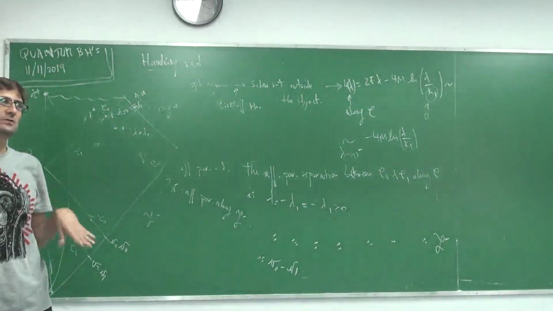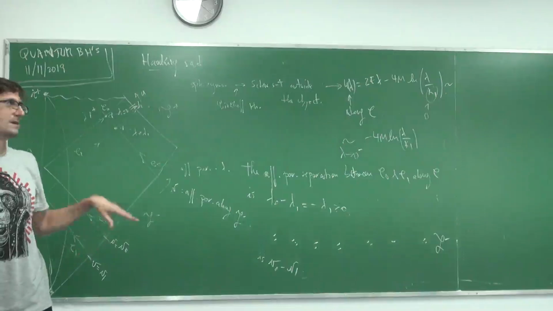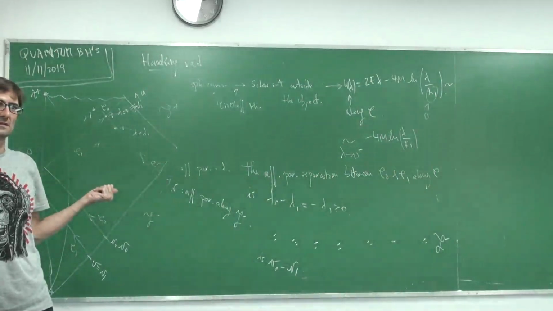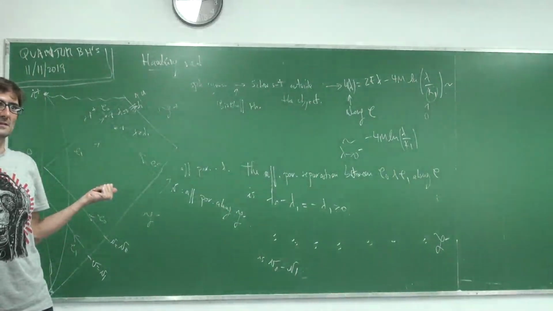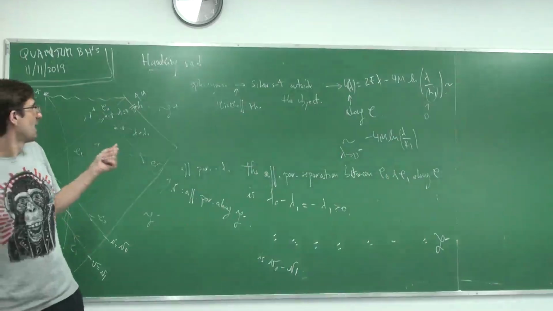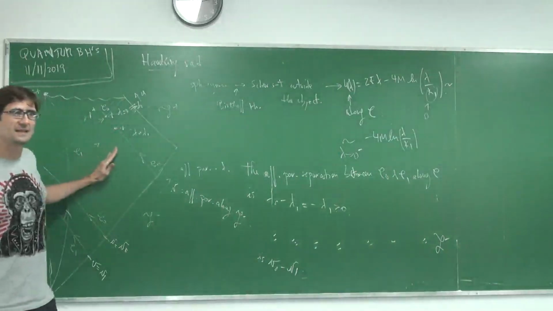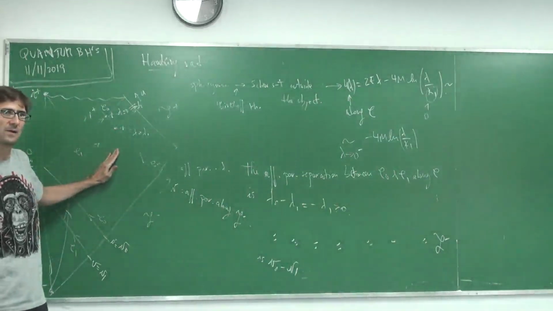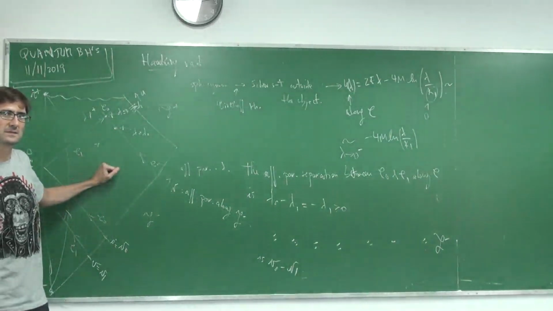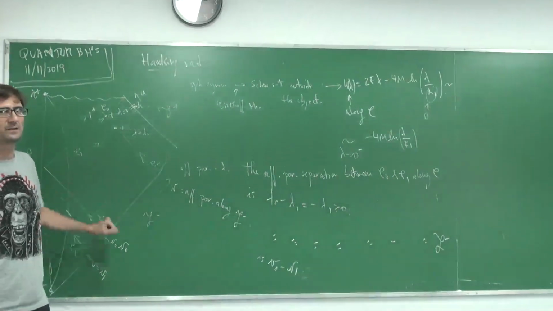You don't even need to look at the notes. It's immediate from here. It is U of lambda 0 minus U of lambda 1.